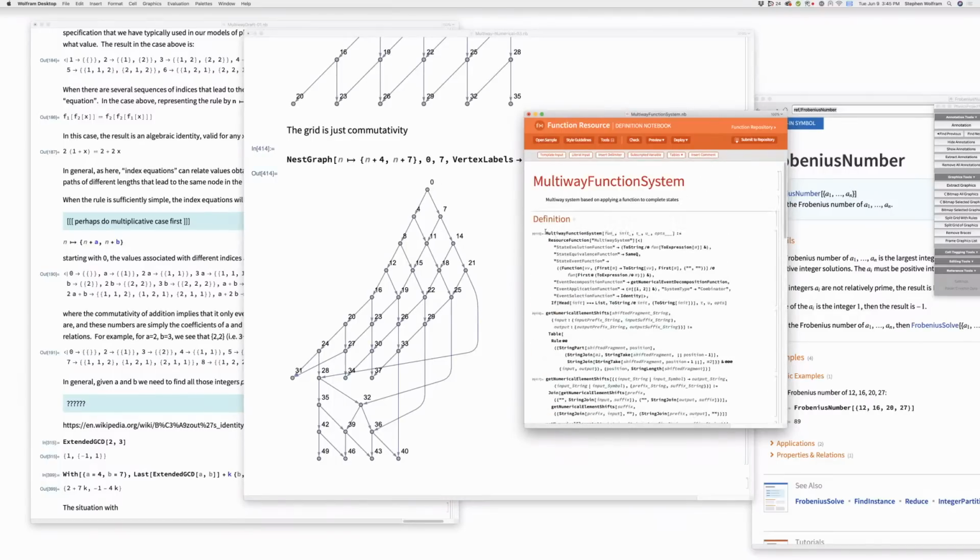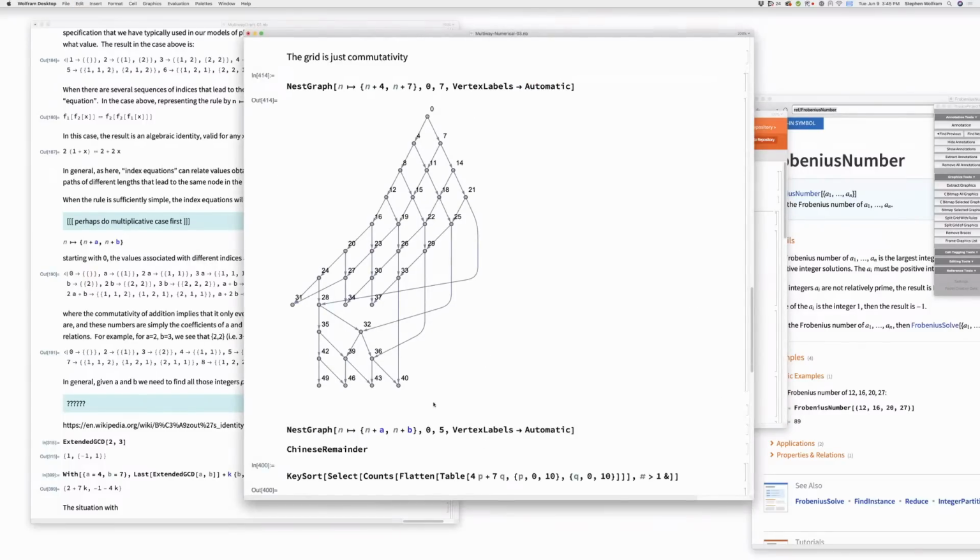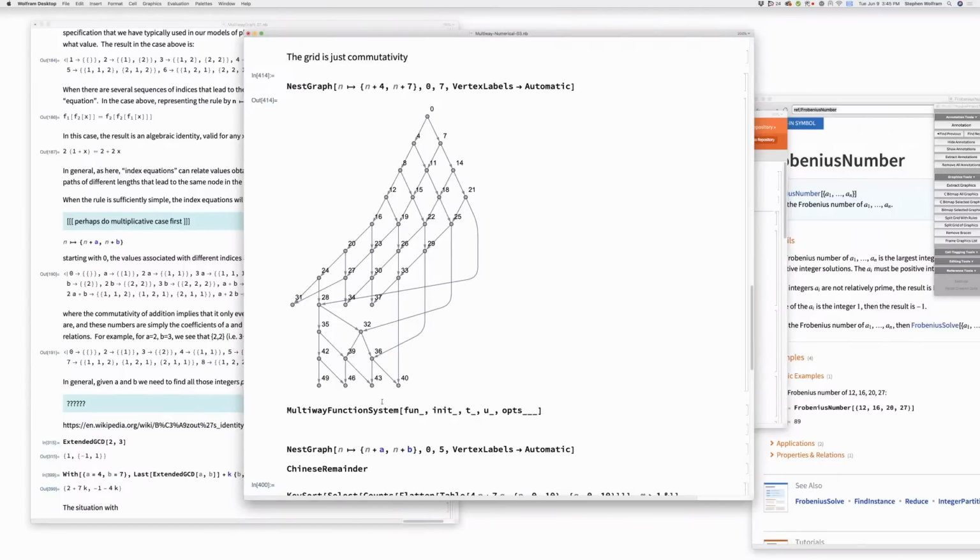So this would be multi-way function system. And then I give the function, and then I give init. What the heck is u? Oh, I know what it is.